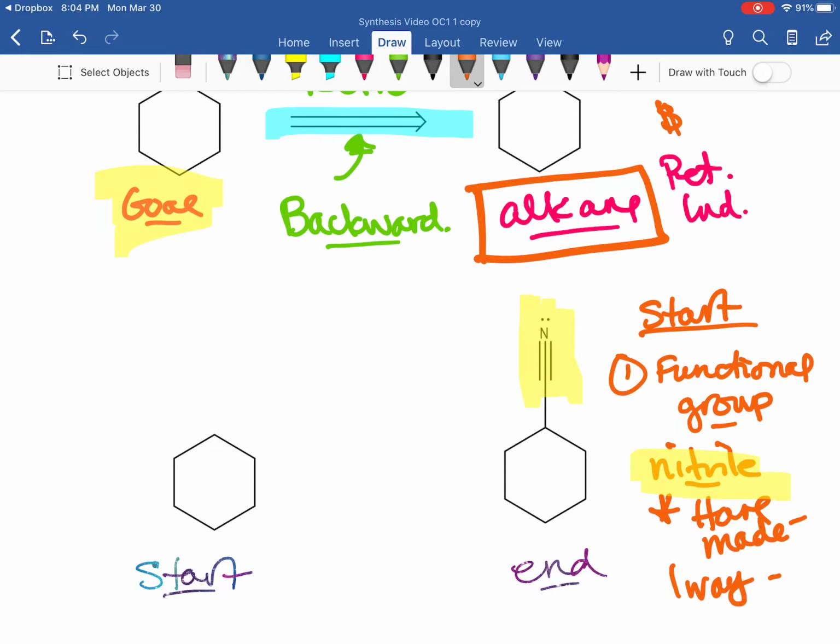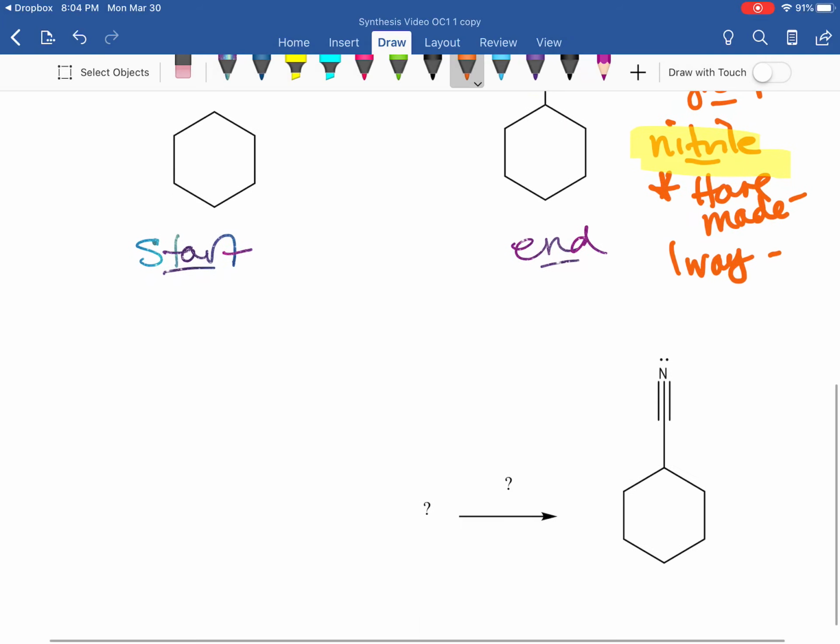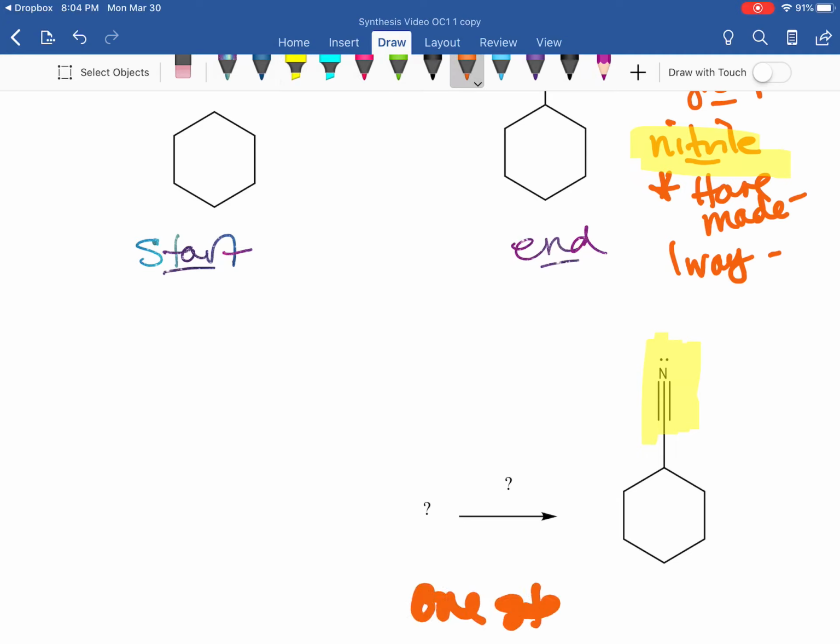So now our complicated problem turns into, okay, wait for it. Let's picture that our problem now is, okay, how do we make this functional group? And let's picture one step backwards. Let's do one step backwards.